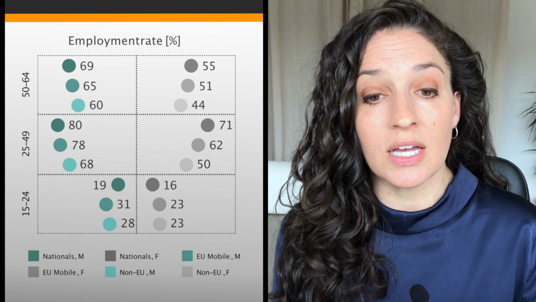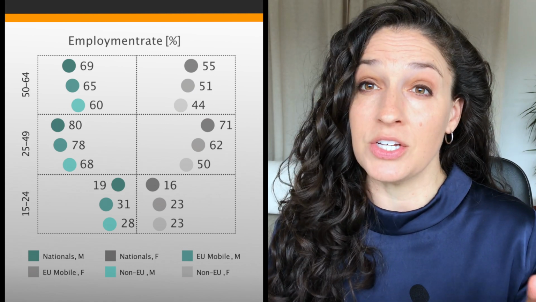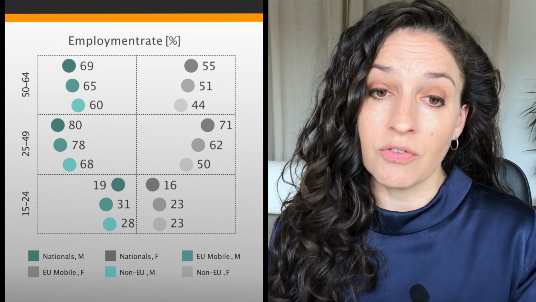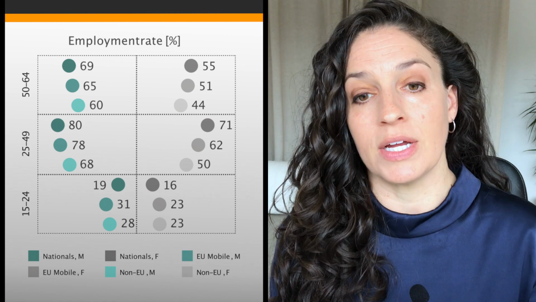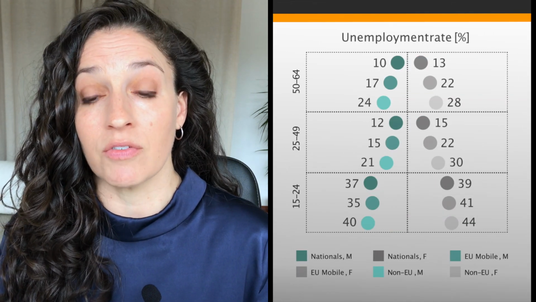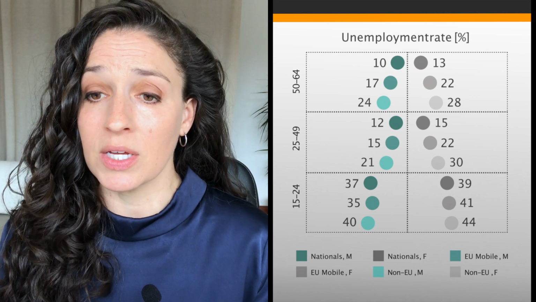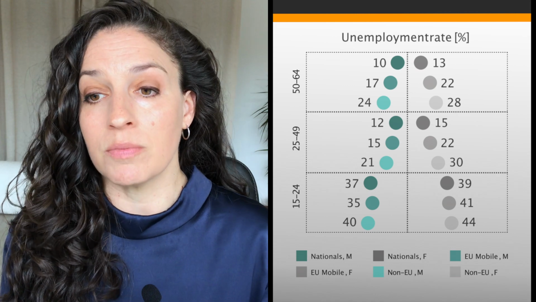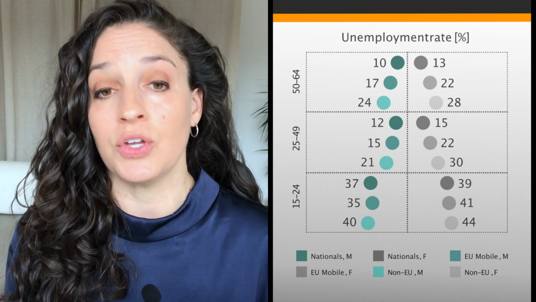But what we do see amongst youngsters, so youngsters meaning between the ages of 15 and 24, is that immigrants do have higher rates of employment than nationals. And if we flip it, in that same age category, you can also see that there are higher rates of unemployment for some of these categories also, but it's actually quite mixed. We actually see lower rates of unemployment among this youth group that are coming from within Europe.